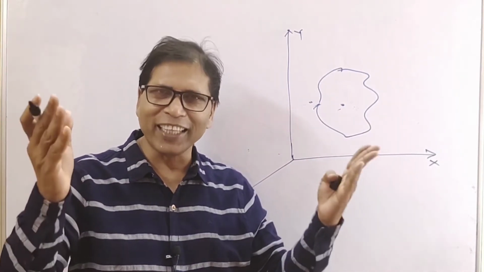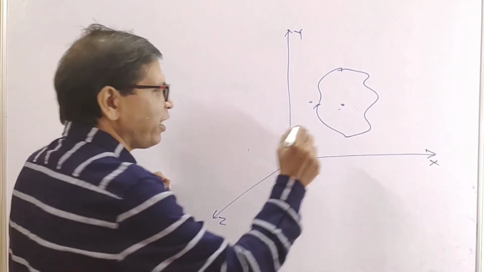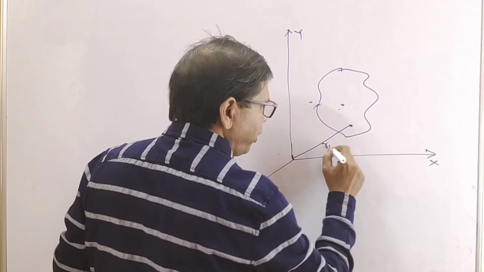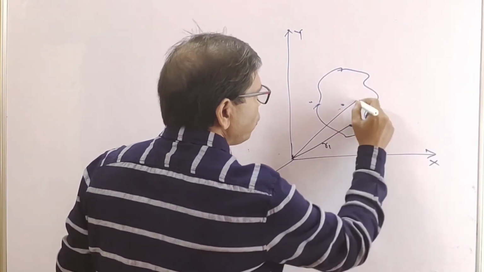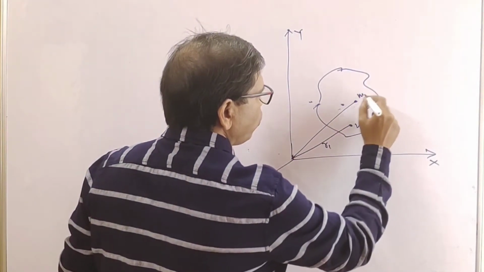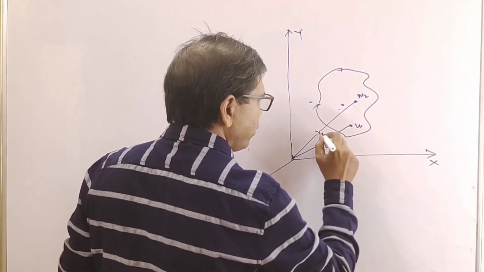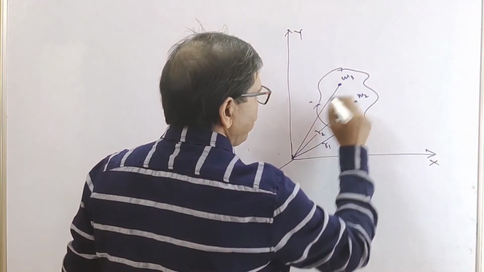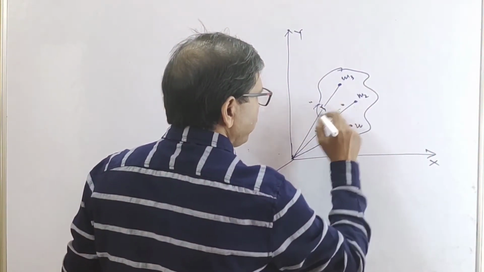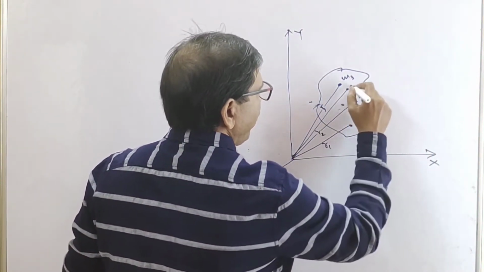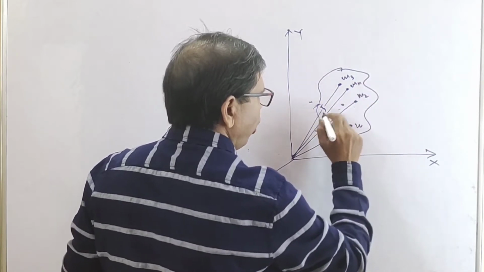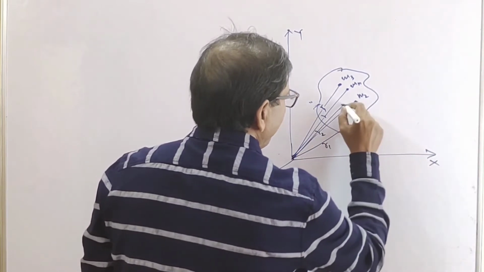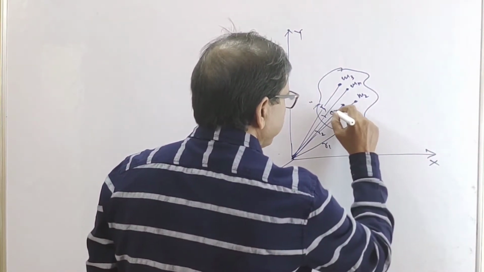It consists of a large number of particles having mass m1 at a distance r1 from the origin, mass m2 at a distance r2 from the origin, mass m3 at a distance r3 from the origin, mass mn at a distance rn from the origin, and suppose the distance of center of mass is rcm.